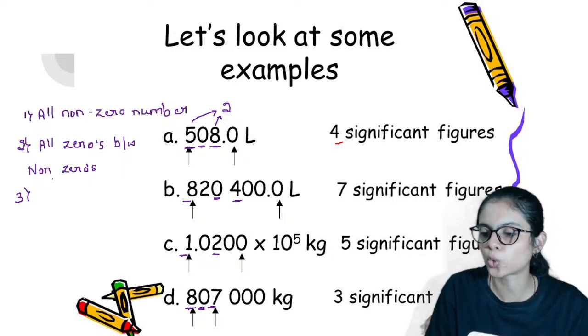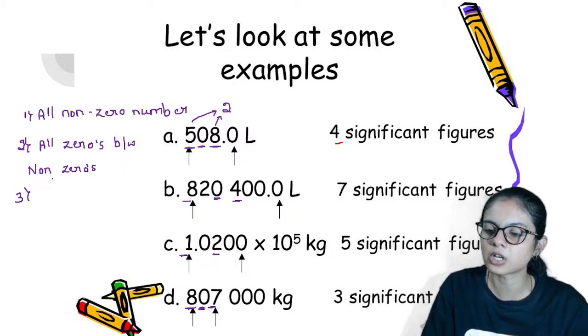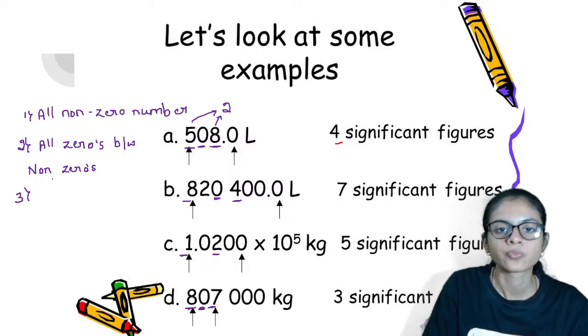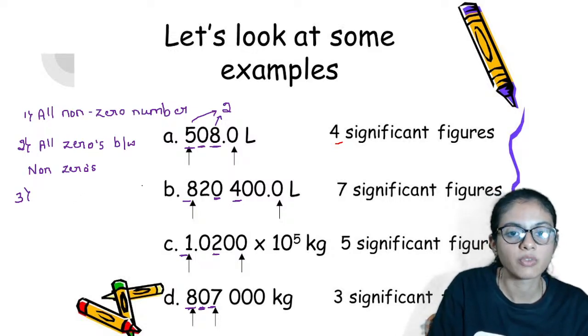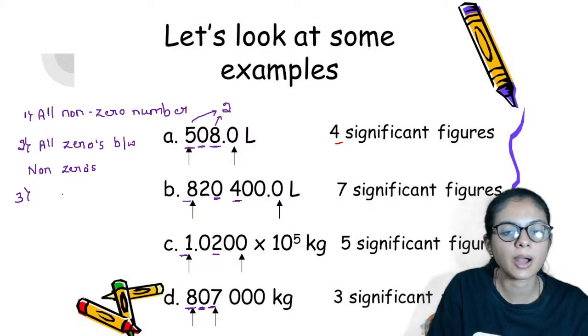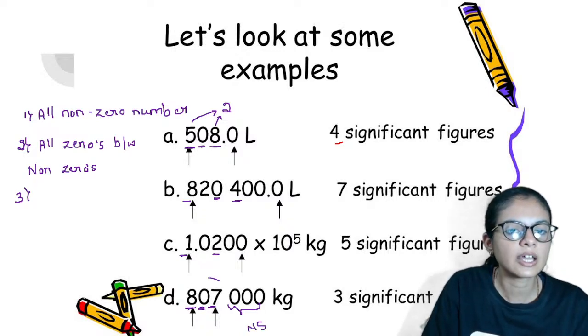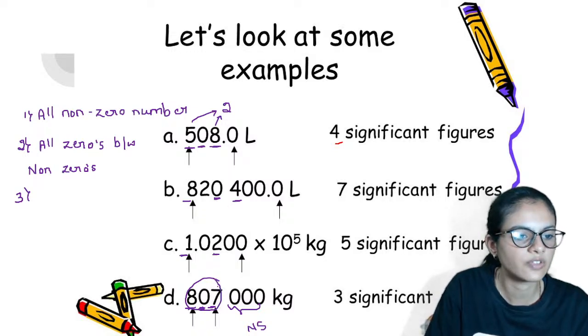What's the third rule? All the zeros to the right of a non-zero digit without a decimal point are not significant. I'm just speaking about without the decimal point, right? So I can consider these 3 zeros as non-significant figures. Remaining are these three significant figures.